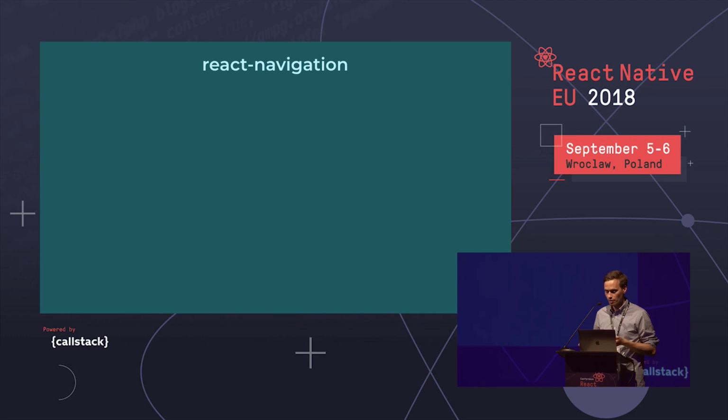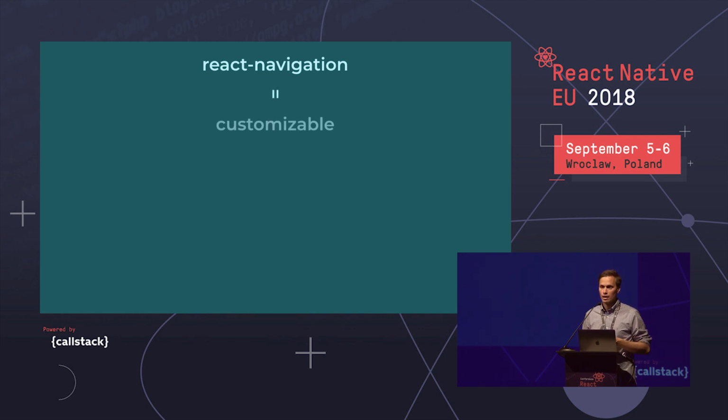Eric talked about React Navigation, which is like a final evolution of JavaScript-based navigators. It's been around for almost 2 years, and it's been designed with the main goal of being customizable.